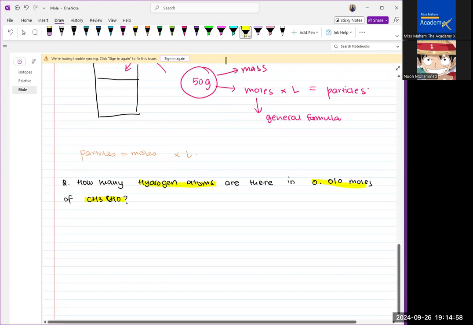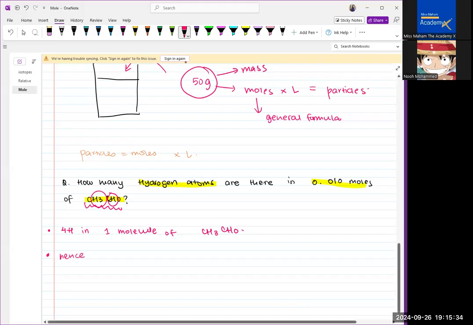How will you tackle this question? First we'll see how many atoms of hydrogen are there in this, right? So how many hydrogens are there? 3 hydrogens here and 1 hydrogen here? 4. So 4 hydrogens in one molecule of CH3CHO.